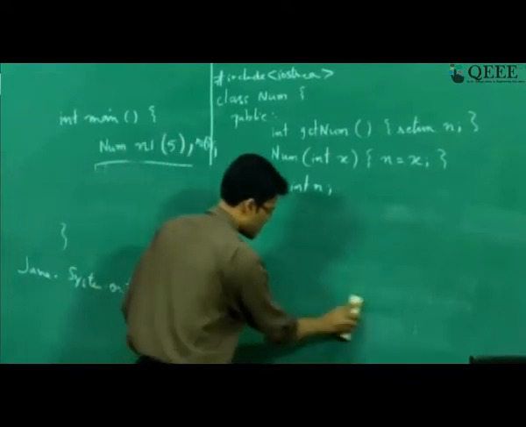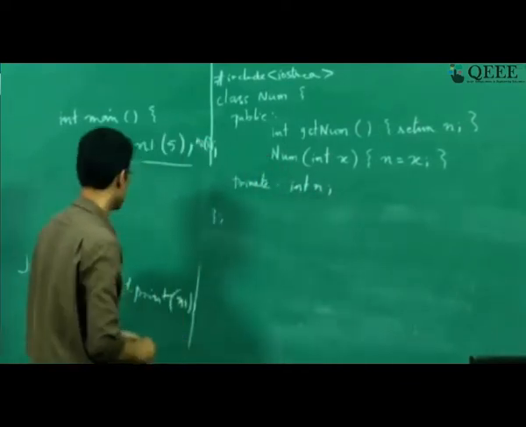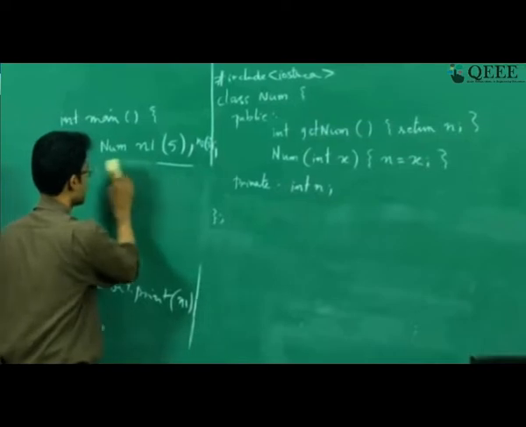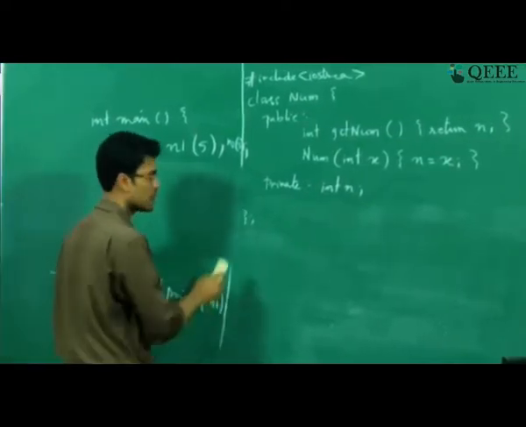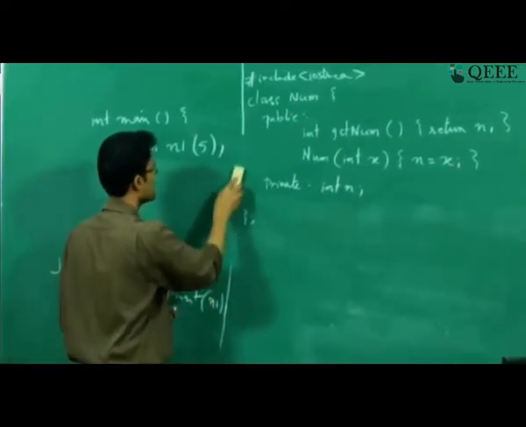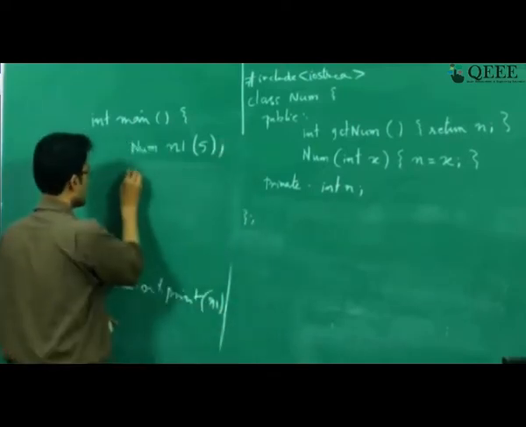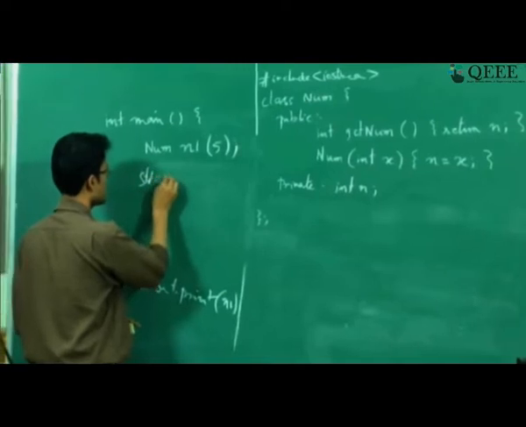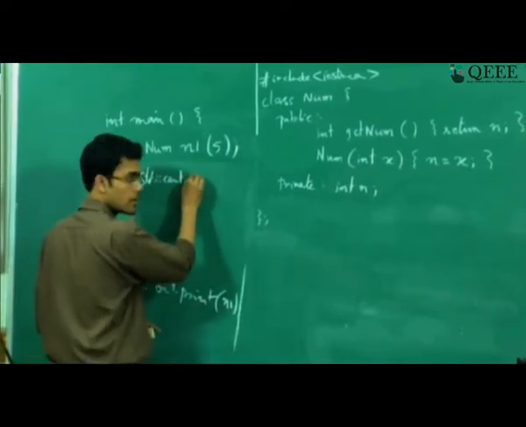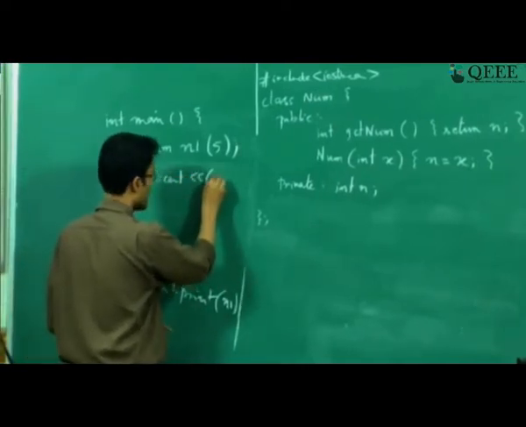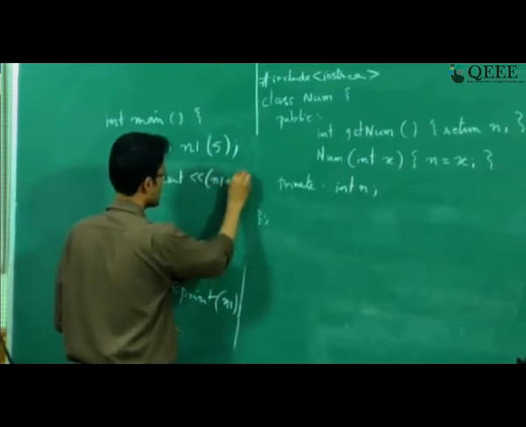right? And the way main is going to use this is Num n1, let's say 5, and then std::cout n1 plus 3, right?